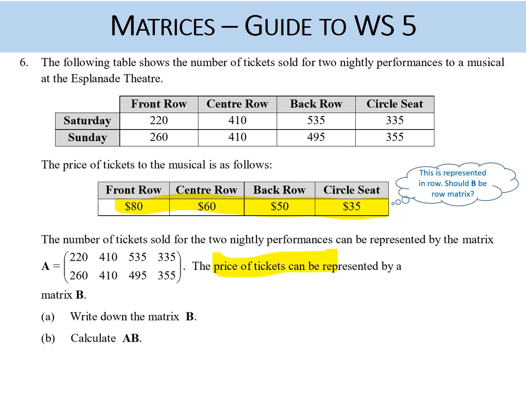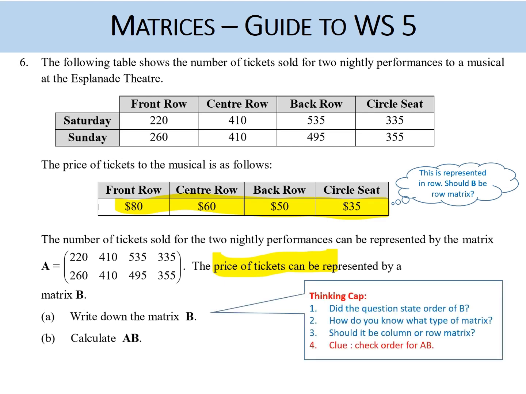The clue is to really take a look at AB. Let's take a look at the product AB. What is the order then? To know the order, I need to know what is matrix A. A is already given. A is a 2 by 4 matrix.